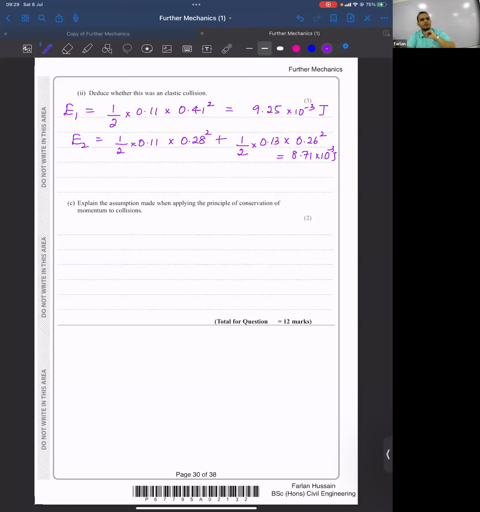So it is not an elastic collision. Yes, you can say it's an inelastic collision.